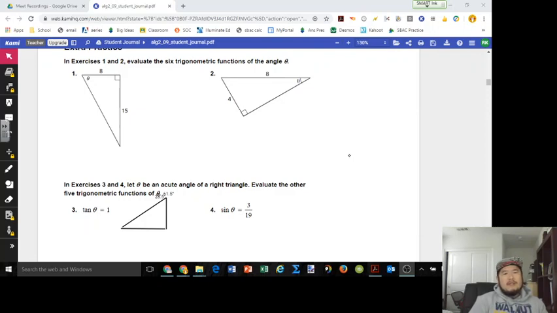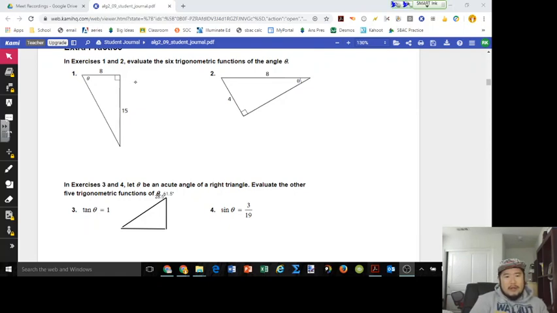They want us to evaluate 6 trig functions. One of the things you need to know in SOHCAHTOA is what the hypotenuse is, and I do not have information on the hypotenuse. However, you can figure that out by using the Pythagorean theorem.